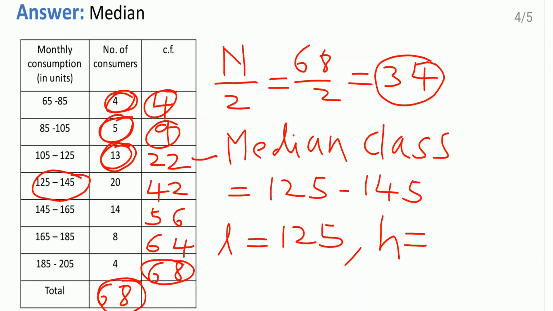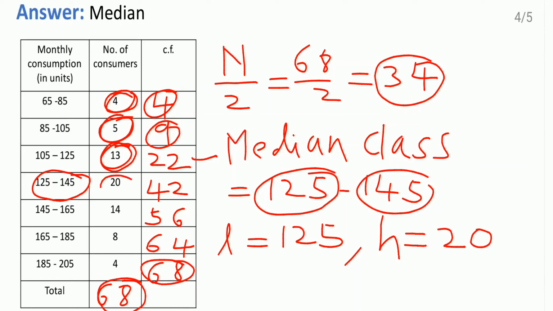Class size is upper limit minus lower limit, which comes as 20. Correct? Now for this class, this is the frequency F, which is equal to 20. And I need to find CF, that means the cumulative frequency of the previous class of the median class.